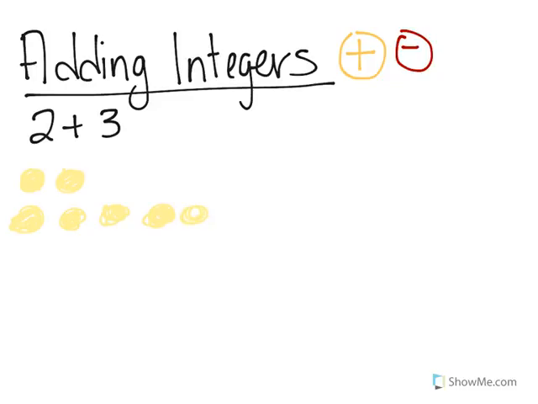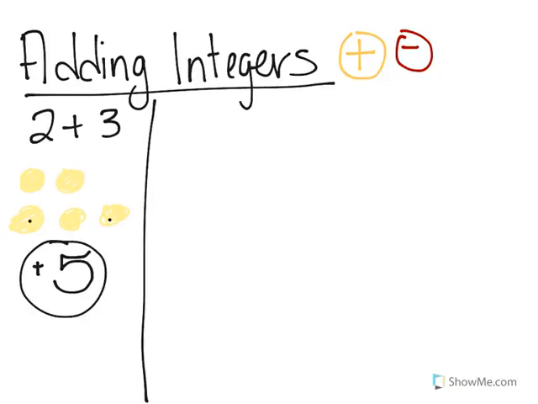Wait, I'm already making a mistake. I'm adding 3 to the 2. Sorry, guys. So I have 1, 2, 3, 4, 5. My answer is 5. They're yellow, so it's positive.